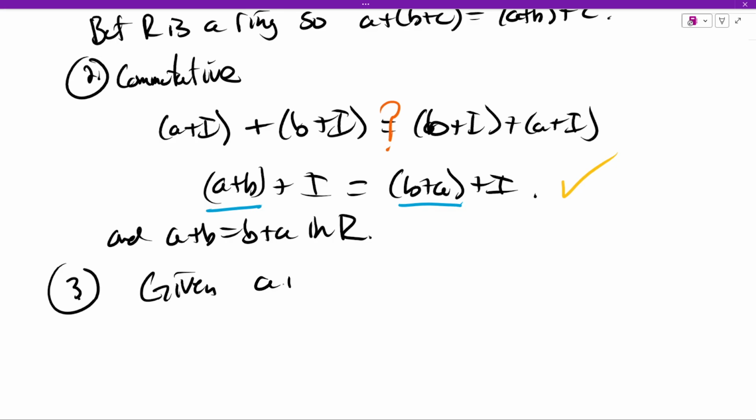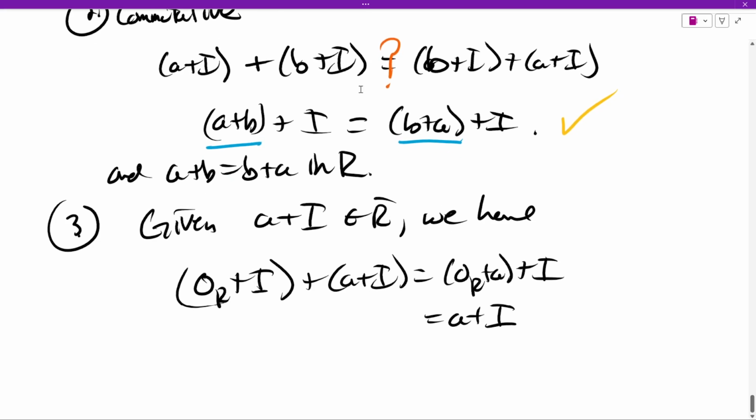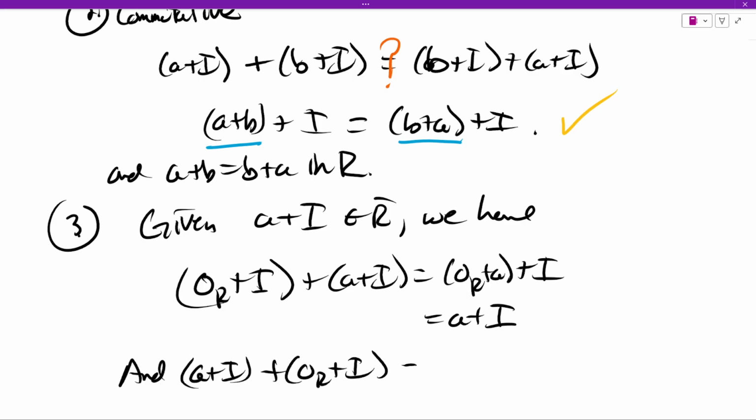Given A plus I in R bar, we have 0 plus I plus A plus I is by definition 0 plus A plus I, which is A plus I. Similarly, if we were to add the 0 on the right, we would also get A plus I. Okay, so 0 is the additive identity.